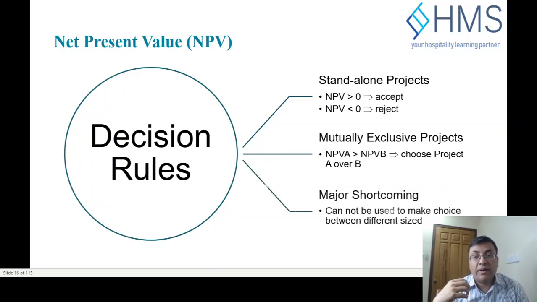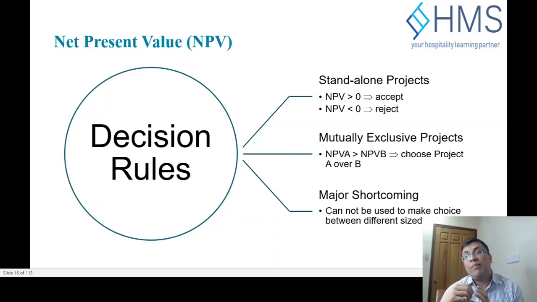The problem with the NPV rule is that you cannot make the decision when the projects are of different size. For example, there may be a project which costs you $10,000 with an NPV of $5,000, but another project which costs you $100,000 with an NPV of $10,000. From the net present value perspective, project B is better because you are getting $10,000.